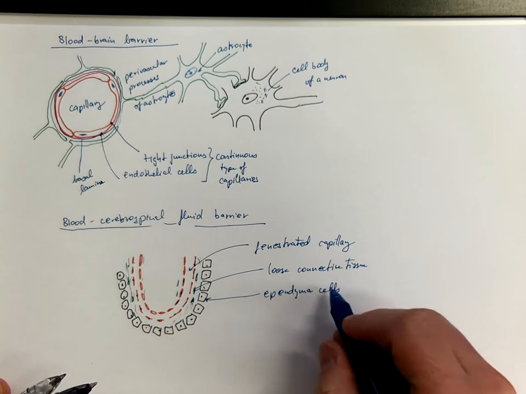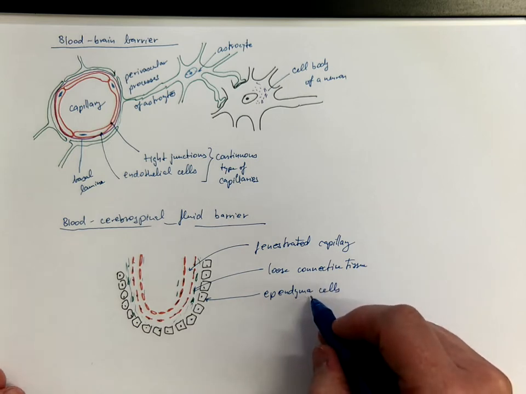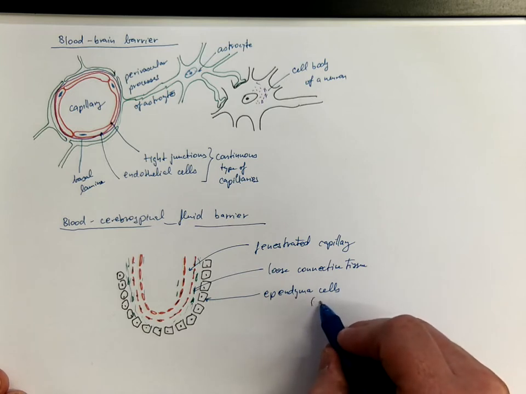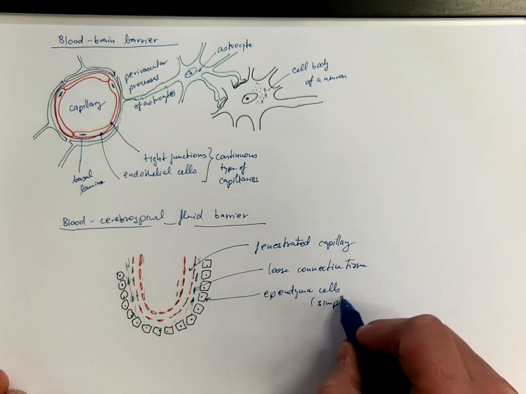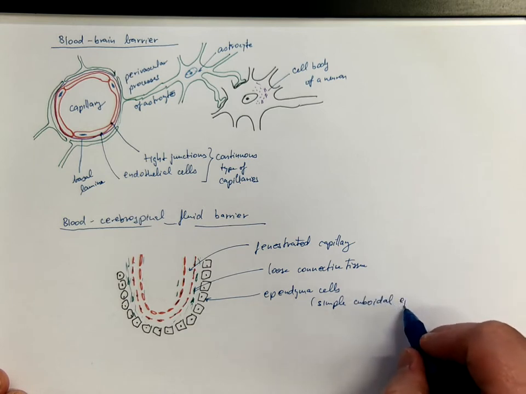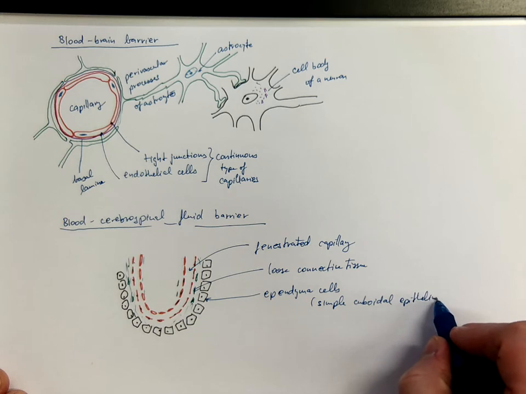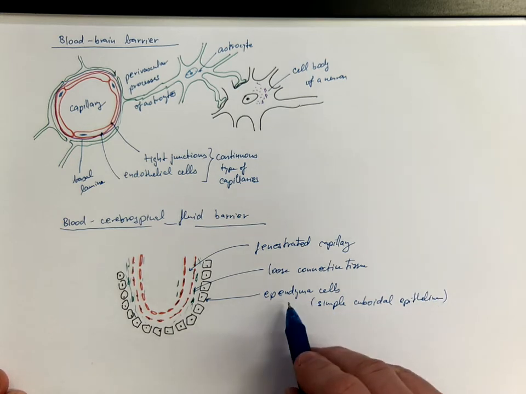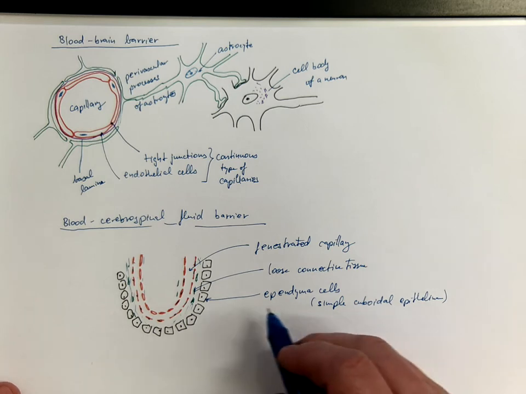Ependymal cells belong to the glia cells of the central nervous system. They're arranged as simple cuboidal epithelium, although by origin these are nerve cells, glia cells, not epithelial cells.